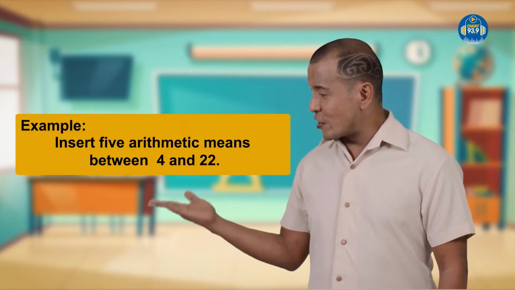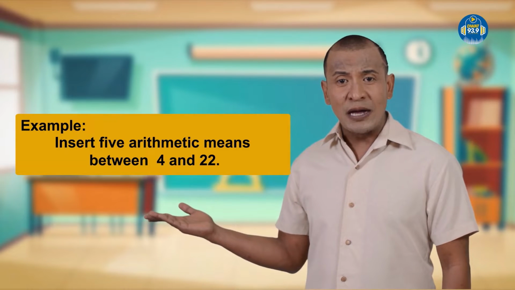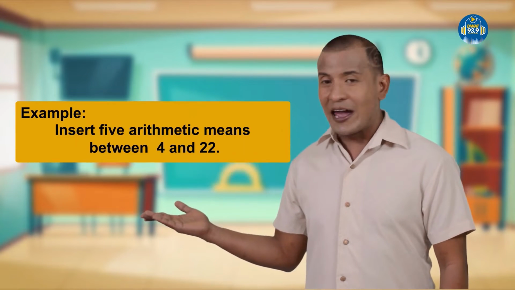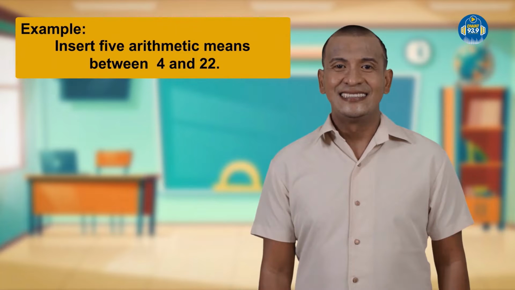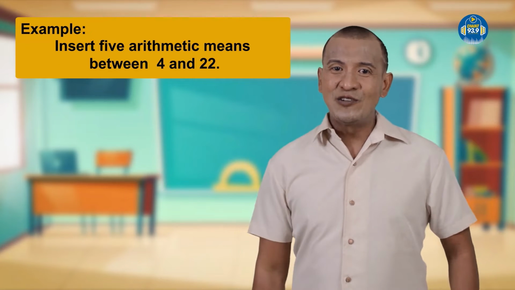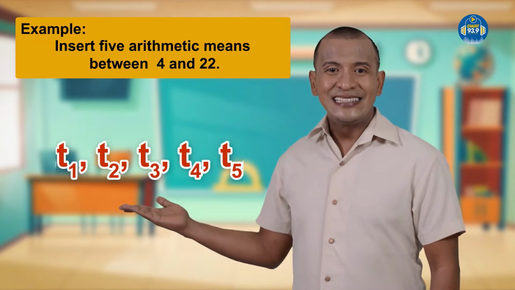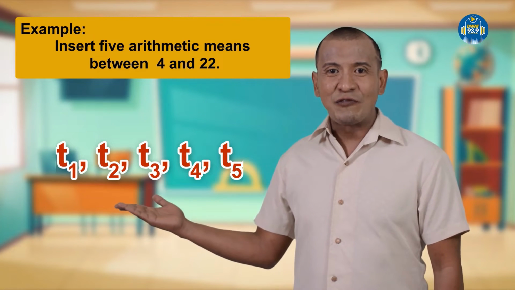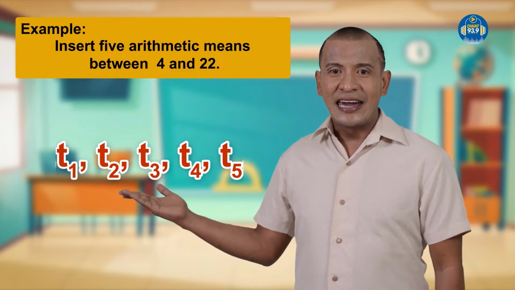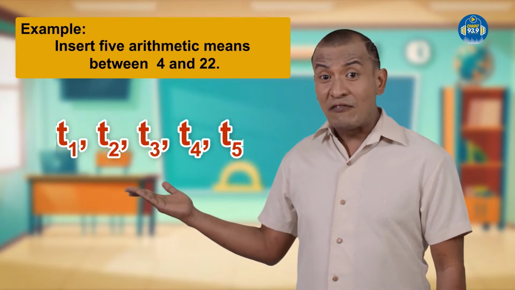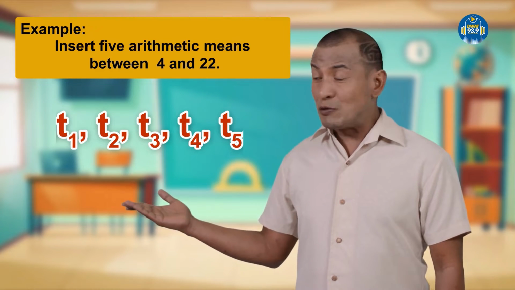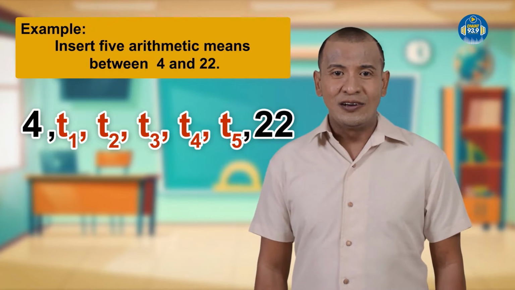First, insert 5 arithmetic means between 4 and 22. Let us look into the solution. Let t sub 1, t sub 2, t sub 3, t sub 4, and t sub 5 be the 5 arithmetic means between 4 and 22.